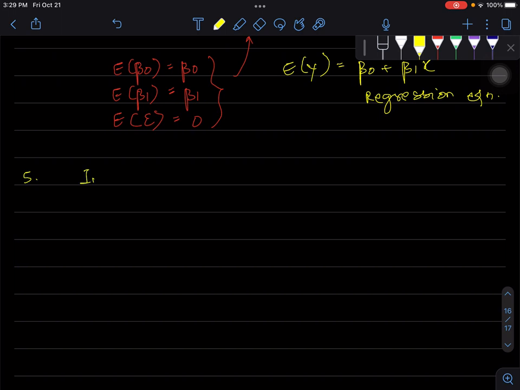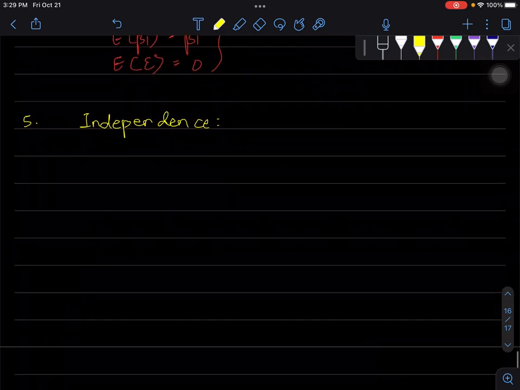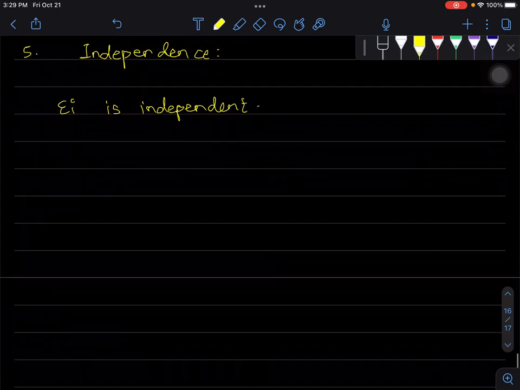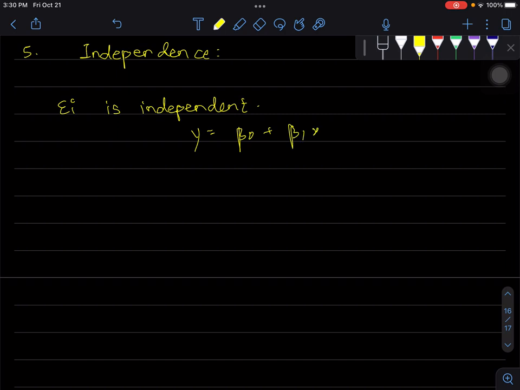The fifth one is independence. The value of error, so basically epsilon i, is independent of other values. So if the model is that, when the x value changes, the error term also changes with it, but whatever value of epsilon we get, it is independent of the other error terms.